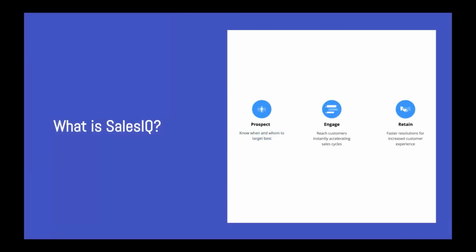So what is SalesIQ? The Zobot is basically a bot building platform that is available on Zoho SalesIQ. There might be a few of you who are already familiar with what SalesIQ is and how it works, or you might have read about it. For those of you who are completely new to this, let me brief you on what SalesIQ is.